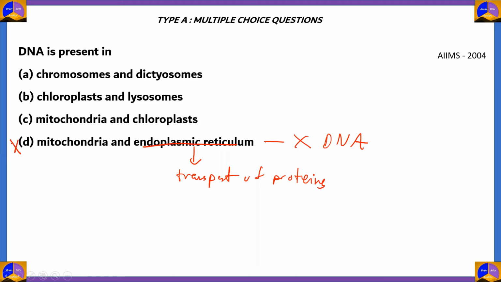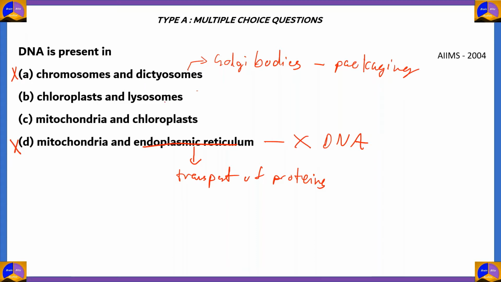What about option A, chromosomes and dictyosomes? Dictyosomes, which are another form of Golgi bodies, have the function of packaging of proteins and lipids. So therefore, option A is also incorrect. What about option B, chloroplasts and lysosomes?